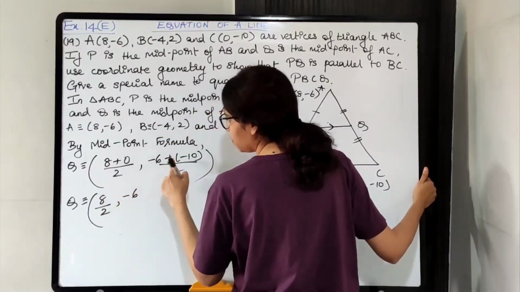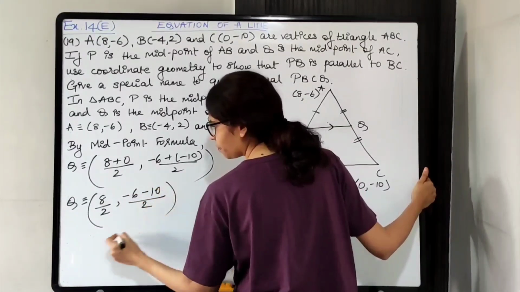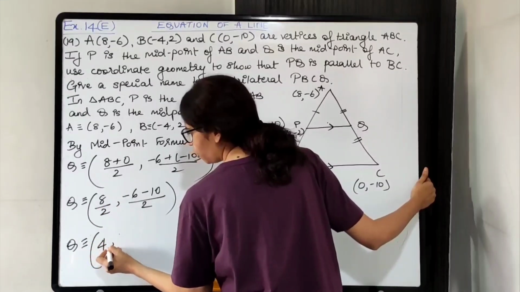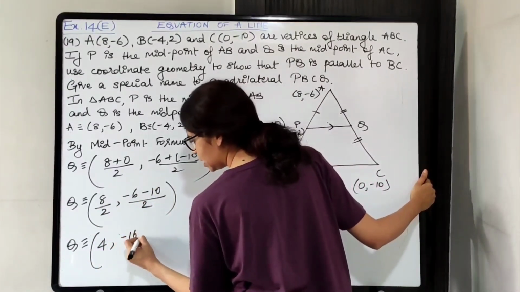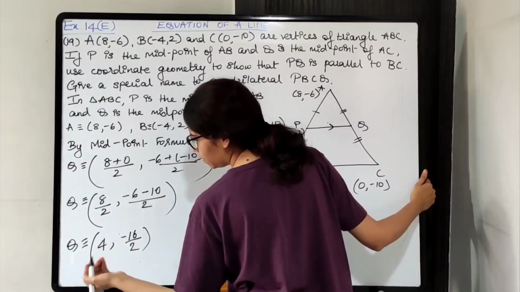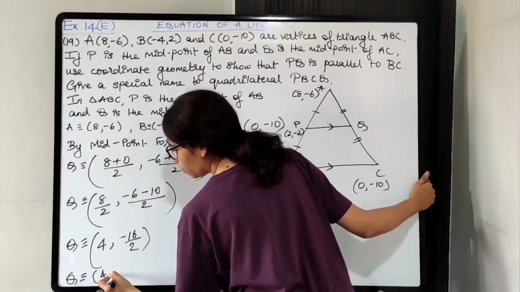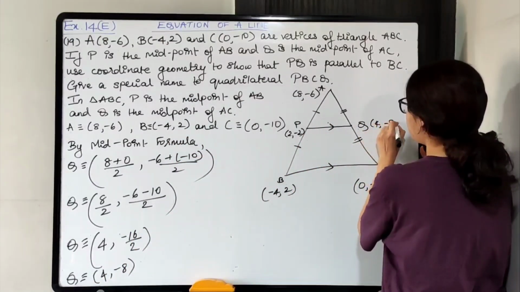And here both are negative, so adding them with the negative sign, minus 16 divided by 2. So that will give minus 8. So the coordinates of Q are (4, -8). So we got the coordinates of P and Q.